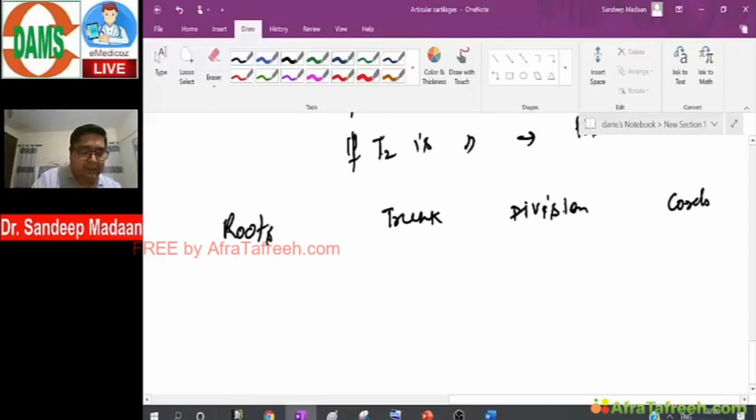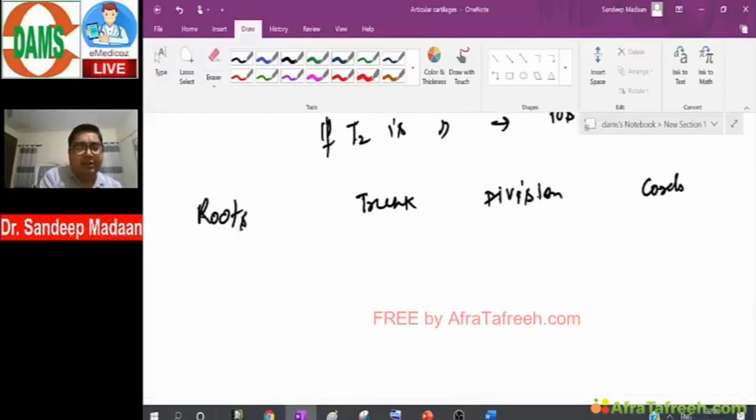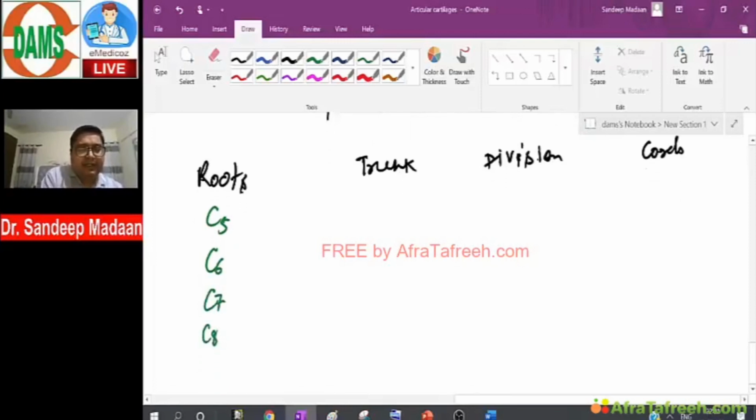To understand the brachial plexus, we need to remember root, trunk, division and chords. So we have C5, C6, C7, C8 and T1.